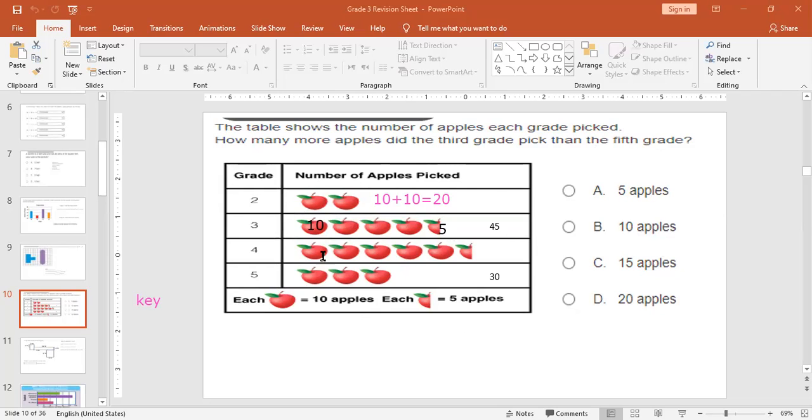Then I go to the fifth grade. This is 10 plus 10 plus 10, which is 30. So I will do 45 minus 30, which is 15 apples. So the answer is 15 apples.